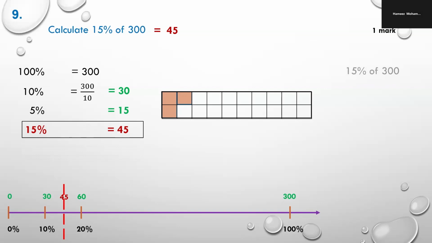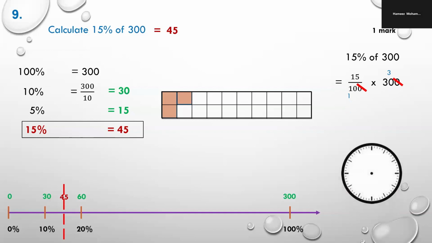And of course, there's the standard way where our teachers have shown us 15 over 100, so that's percent, out of 100, multiply by 300. We say how many hundreds can go into 100? 1. How many hundreds can go into 300? 3. And now we have 3 15s, and we know our 15 times table. Remember, our teachers would have shown us this. We have our clock.